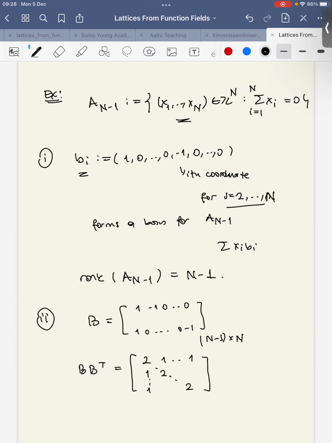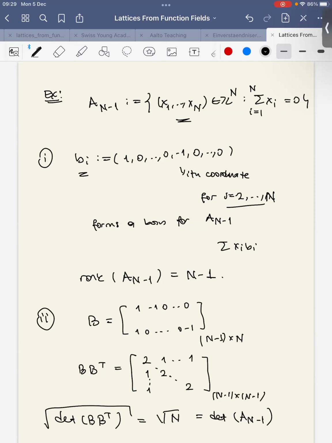So the determinant of this lattice can be easily computed by taking the determinant of B times B transpose and its square root. So in this case, it is going to be the square root of n. This is an (n-1) by (n-1) size matrix.